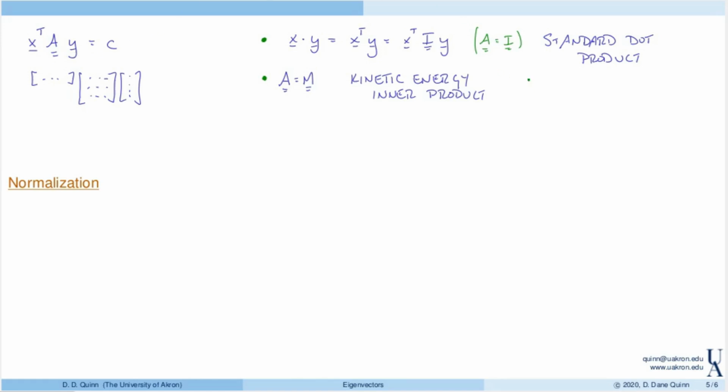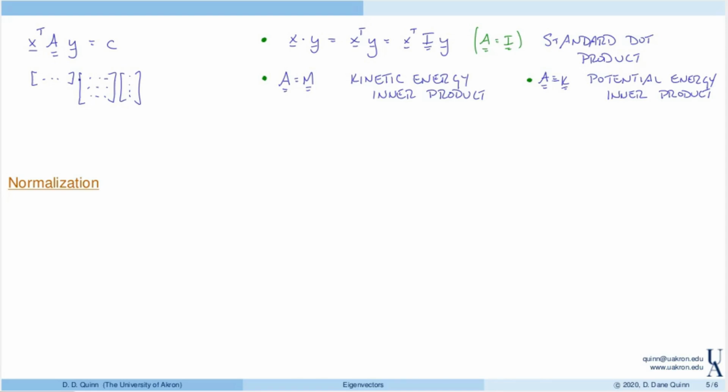Likewise, if we choose a to be equal to k, then we have the potential energy inner product. And we can use these, in particular the kinetic energy inner product, to help us define the eigenvectors.